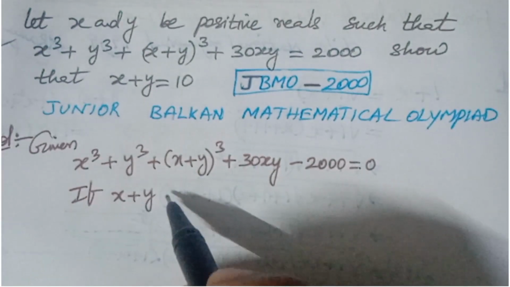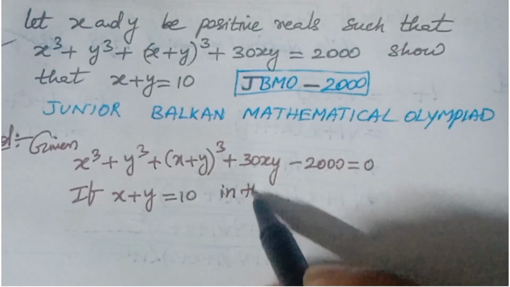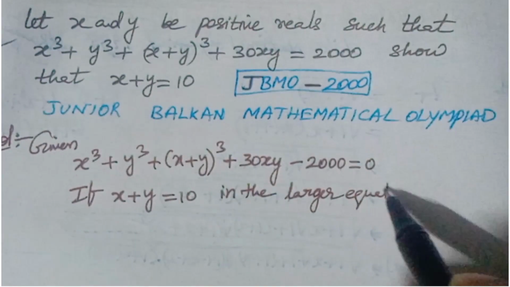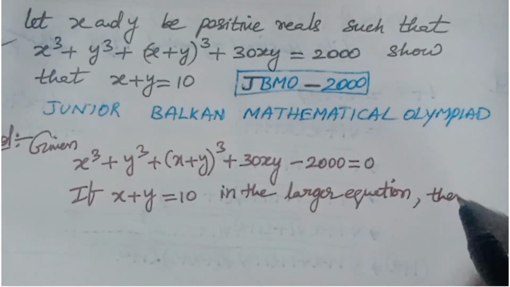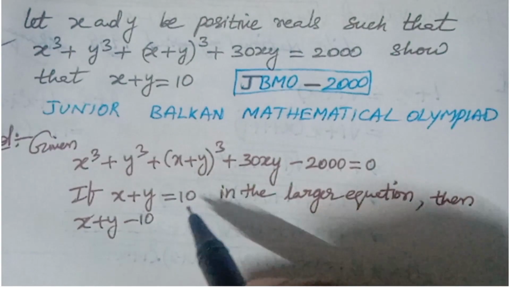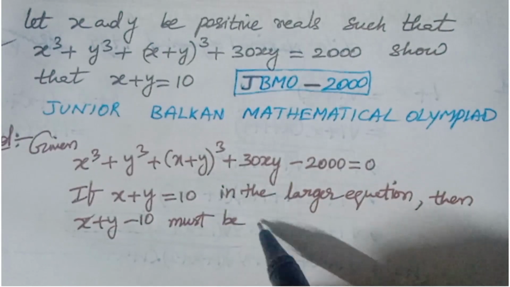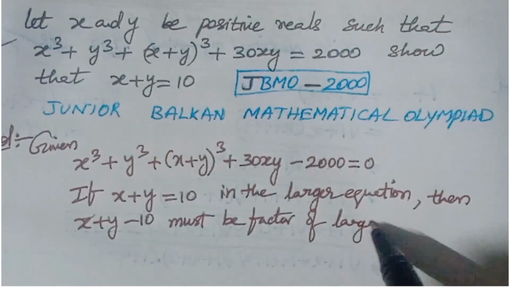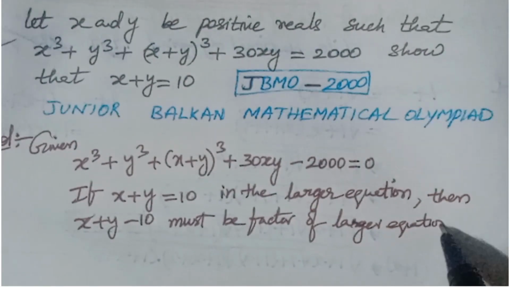Show that x plus y is equal to 10. If x plus y equal to 10 is a root of the larger equation, then x plus y minus 10 must be a factor of the larger equation.